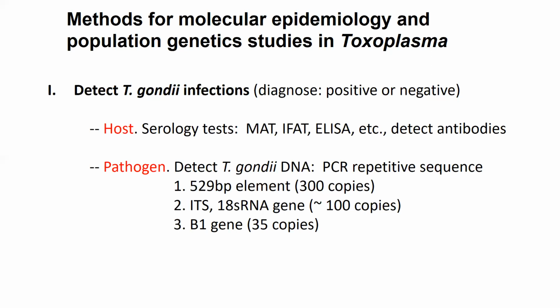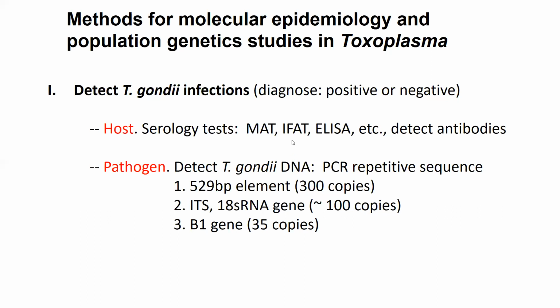If you look at the host side to identify or diagnose infection, often you use serology tests. There are many different tests. The MAT test, the modified agglutination test, we have been using for a long time, and that's a very simple way to do it.